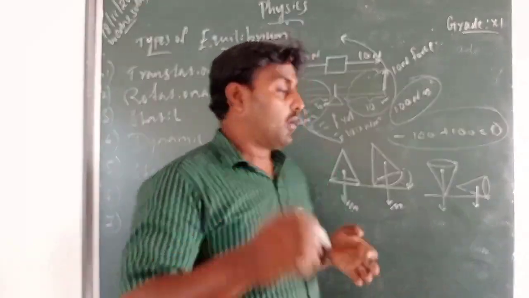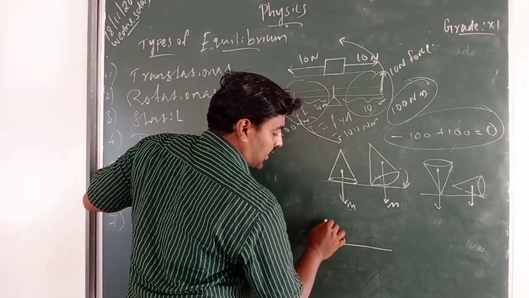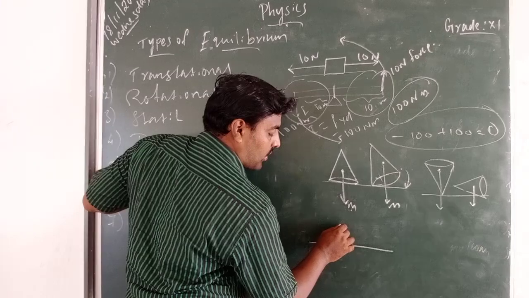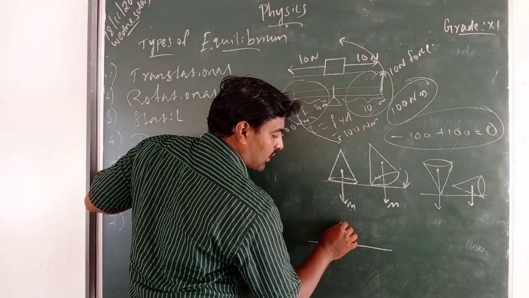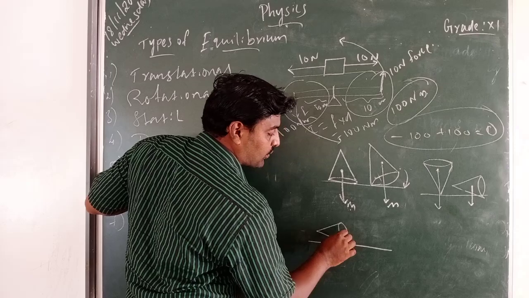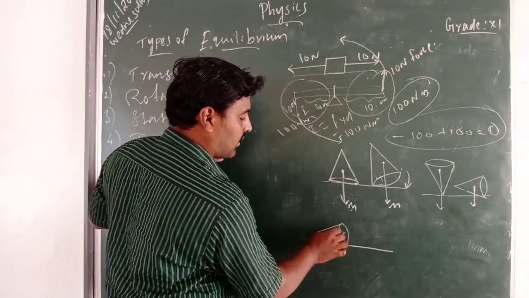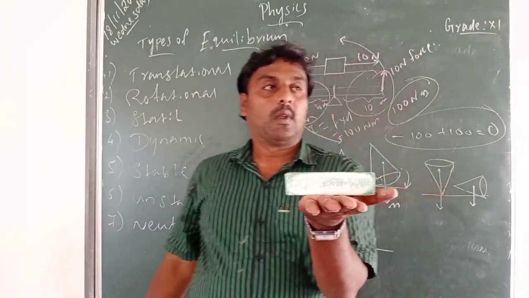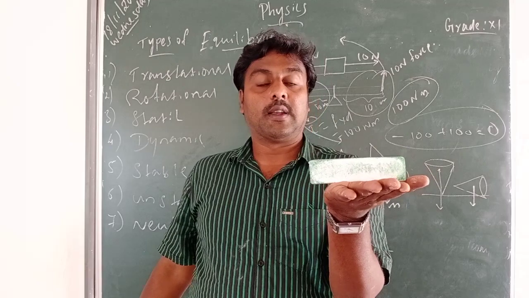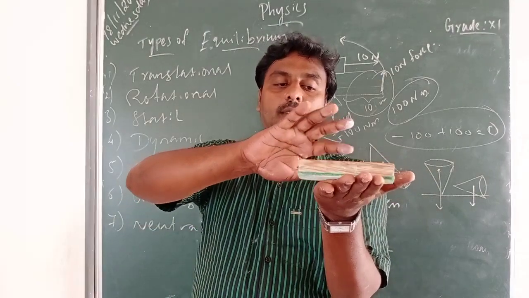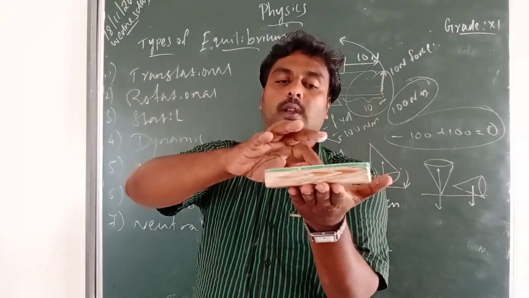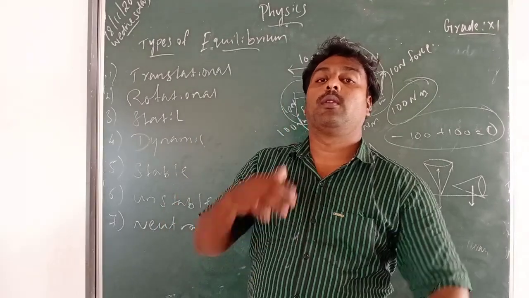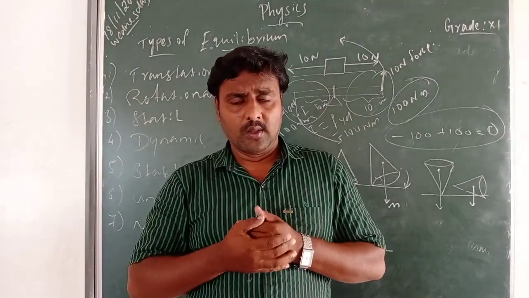And the last one is neutral equilibrium. You can tell this same example. Assume that one cone is in this position, so the center of mass is here. Now assume that the cone is in this position. This is neutral equilibrium. You disturb it in this direction or this direction, and you can see that like a water bottle, it will roll over.